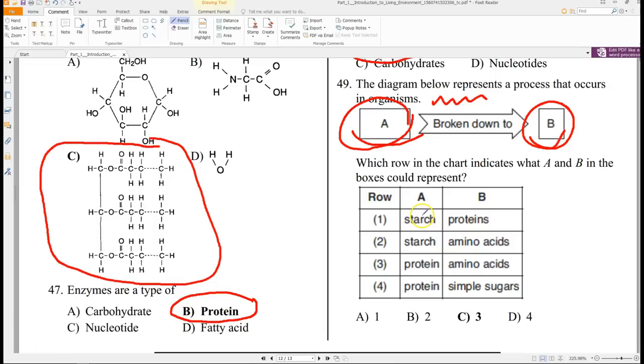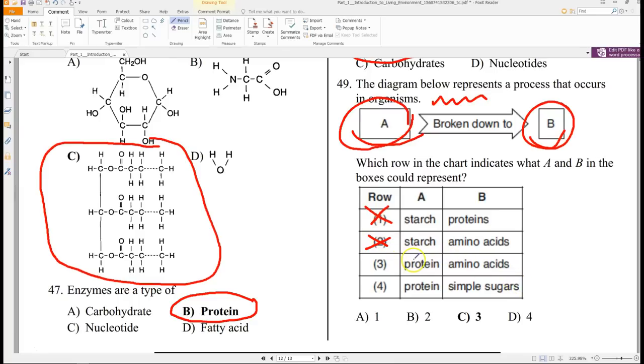Can A be starch and B be proteins? No, because proteins are made up of amino acids, not starch. Starch is made up of sugars. Can A be starch and B be amino acids? No, because amino acids don't make up starch. Amino acids make up proteins. This is wrong.